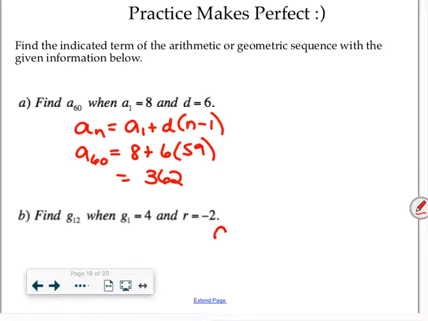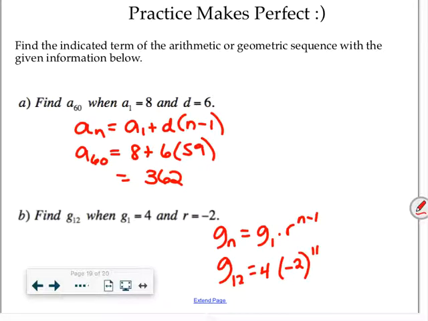In letter B, this is geometric. That's why I changed the letters. So if I want G sub 12, that's 4 times negative 2 to the 11th, and I got negative 8,192. Be careful on your graphing calculators to put a parenthesis around that. It is important.